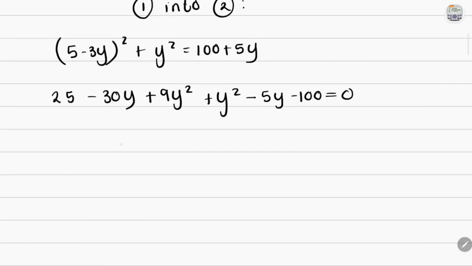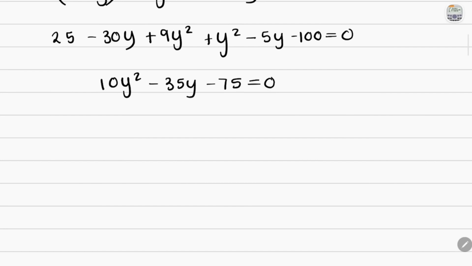So the y squareds add and become 10y squared. And then negative 30 minus 5, and that's only y, right? Yes, so negative 35y. And then we have 25 as a constant, and minus 100 gives us negative 75, is equal to 0.